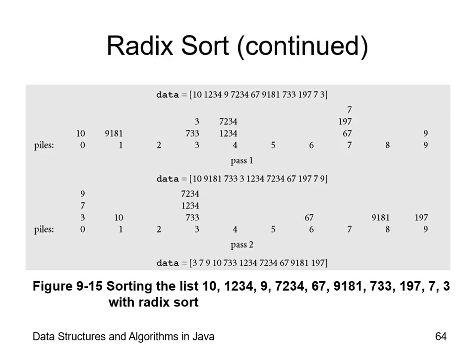For example, the first one is 10. The last digit is 0, so we put it in pile 0. This one goes to which pile? 4. 1, 2, 3, 4. This one goes to 9. This one goes to 4. 7, 2, 3, 4.